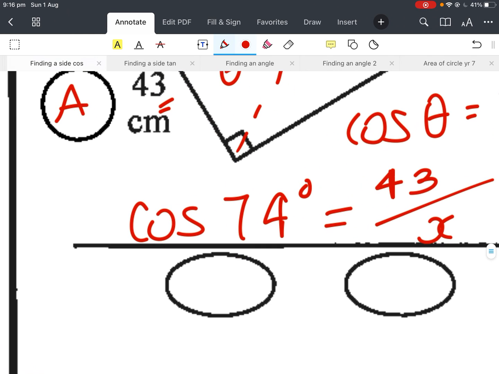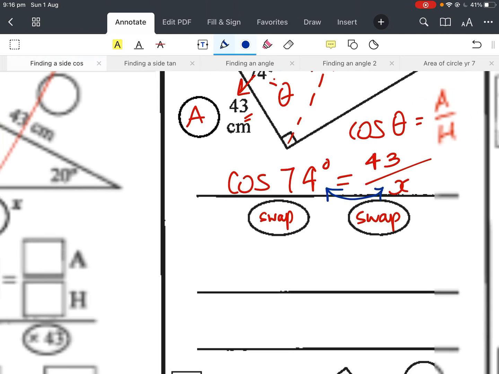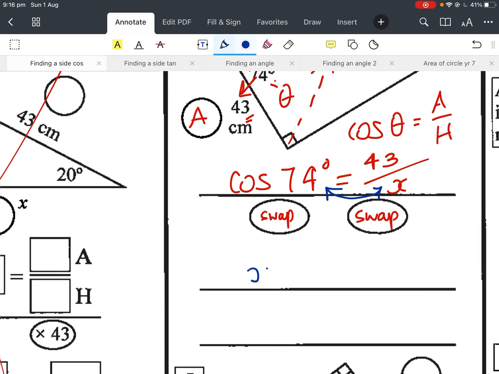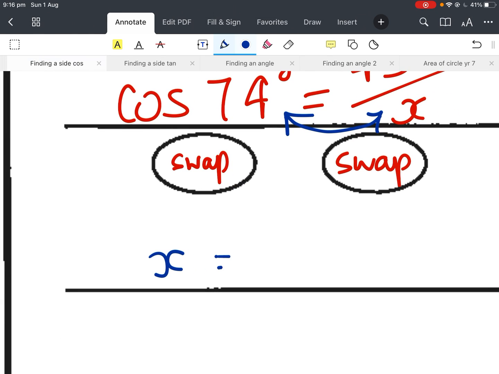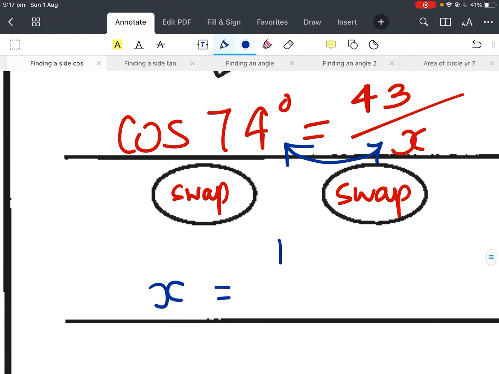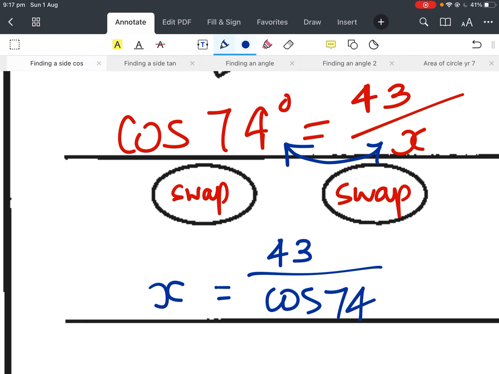If you want to do the long way, feel free, that's okay. The swap method is telling me just to swap these two. So that's what I'm going to do. I'm going to put the x over here. I'm going to keep the 43 on the top. And I'm going to put the cos 74 degrees on the bottom. So that's the swap method.